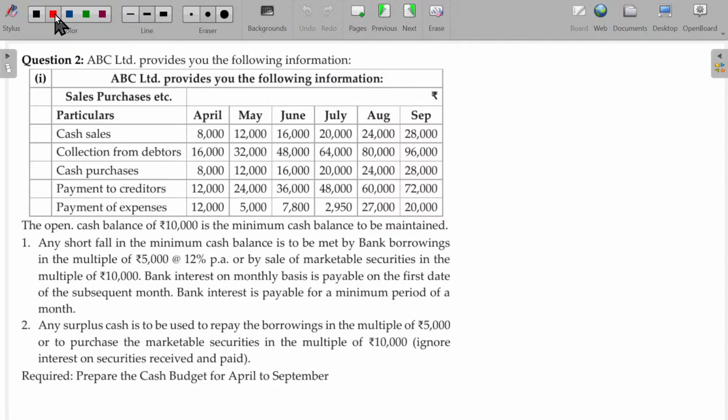In this illustration, ABC Limited provides the following information. Opening cash balance 10,000 is also the minimum cash balance to be maintained. This is a very important thing.